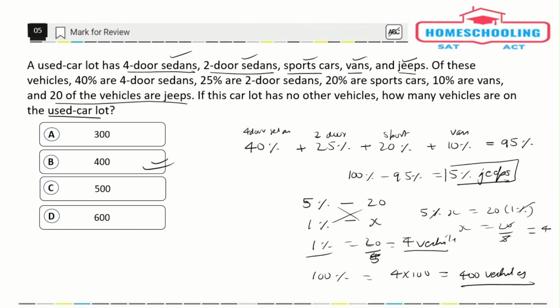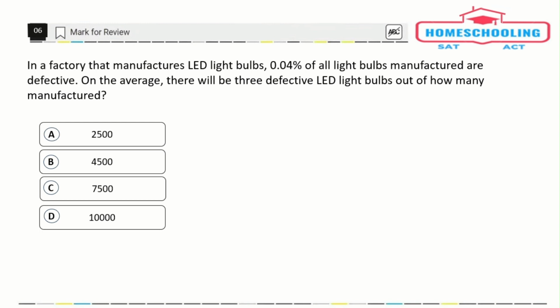Now moving to the next question. In a factory that manufactures LED light, 0.04% of all light bulbs manufactured are defective. On average, there will be 3 defective light bulbs out of how many manufactured?